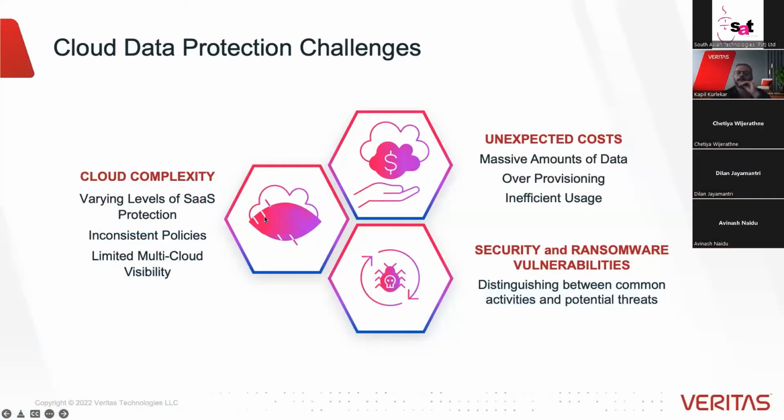What are the cloud data protection challenges that are out there? Cloud complexity, varying levels of SaaS protection, a lot of inconsistent policies as well, and limited multiple cloud visibility.